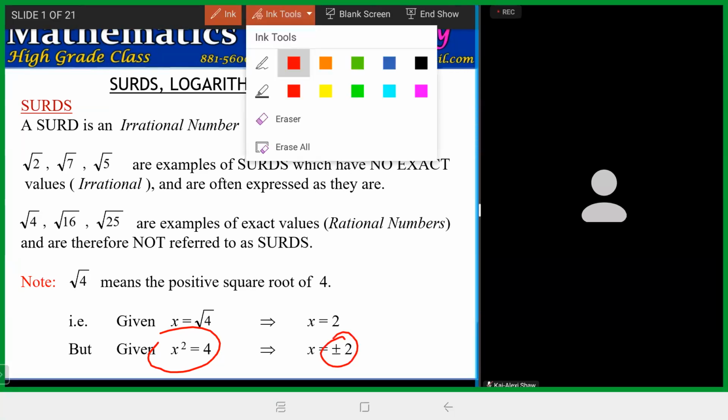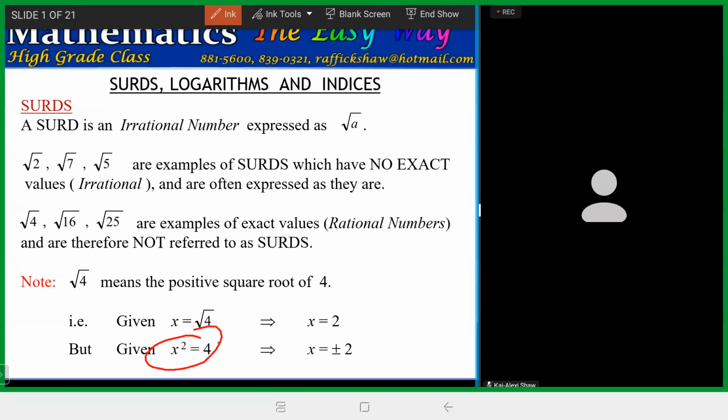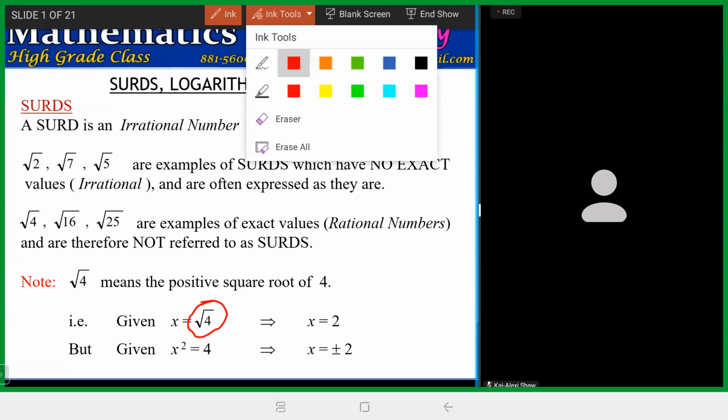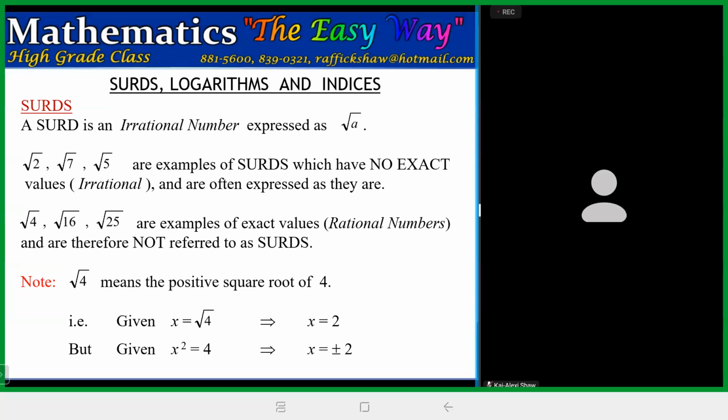Because from here, the x becomes plus or minus the square root of 4. That's how now you introduce the plus or minus. But if they give you this in a question, you have to take it as a positive. I'm saying that because people do that sometimes. They take the plus or minus and you're not solving to find the value.